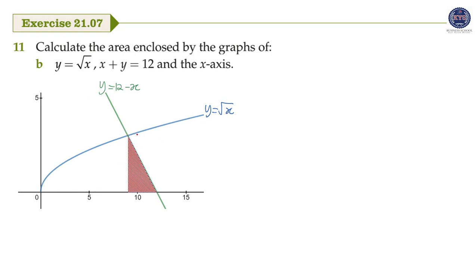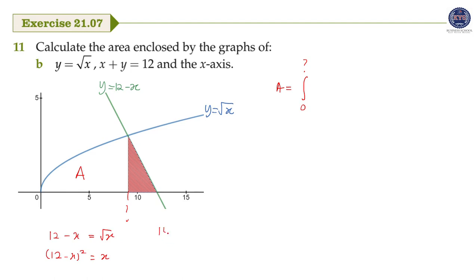Alright, so we first need to get the first area A. For A, your integration is from 0 to what value? How do we get the value here? You find the point of intersection between these two graphs. So 12 minus x equals square root of x. So 12 minus x squared equals x.